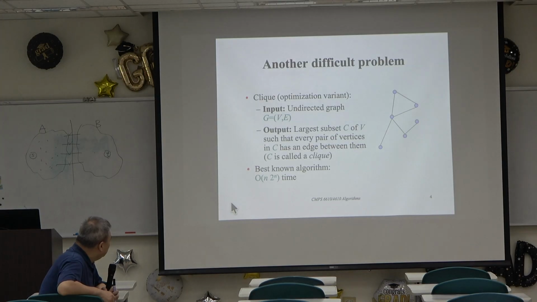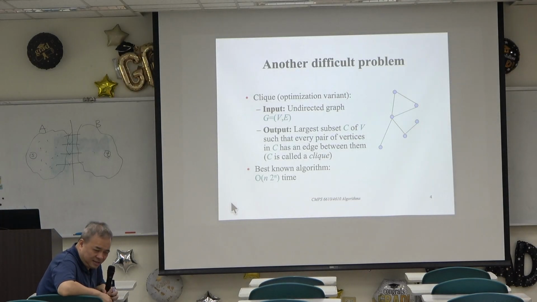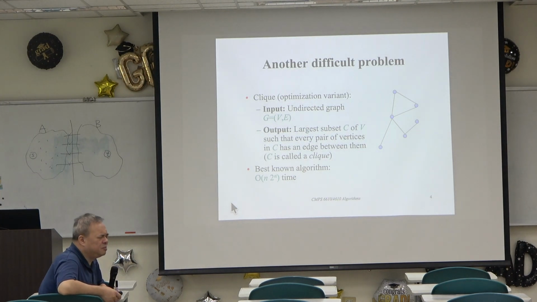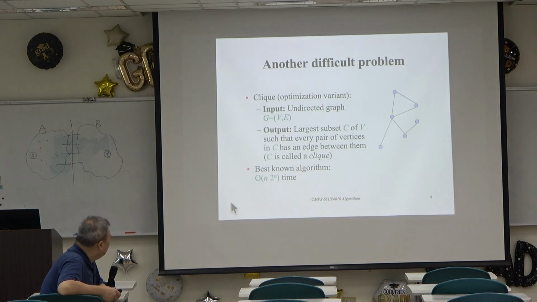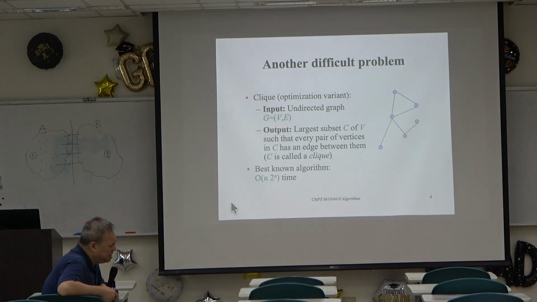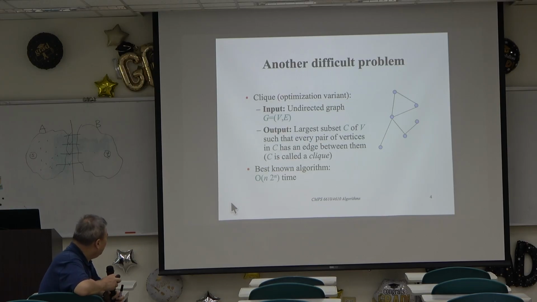The input is just an undirected graph, and the edges don't even have weights. In the previous one, the traveling salesman problem, each edge is associated with a weight. Here, we don't have weights for the edges. It's just an undirected graph, where an edge just connects two nodes. That's it. So what is the output we are looking for?